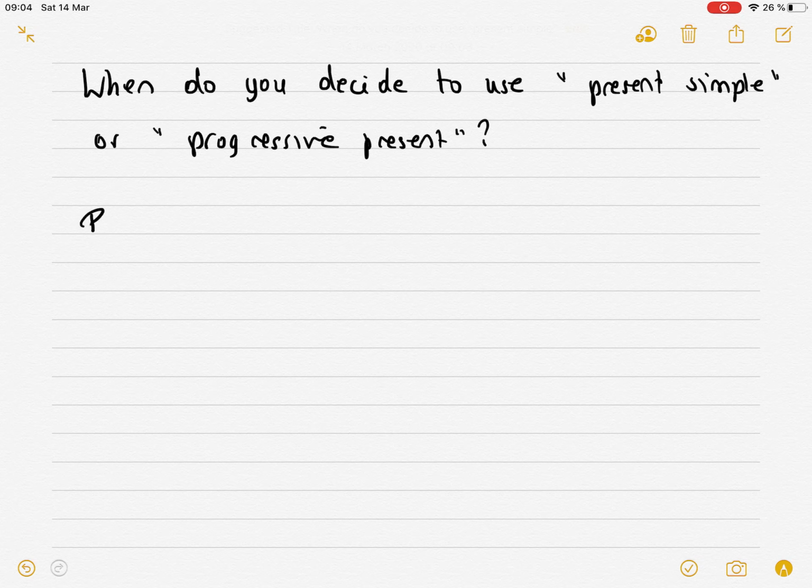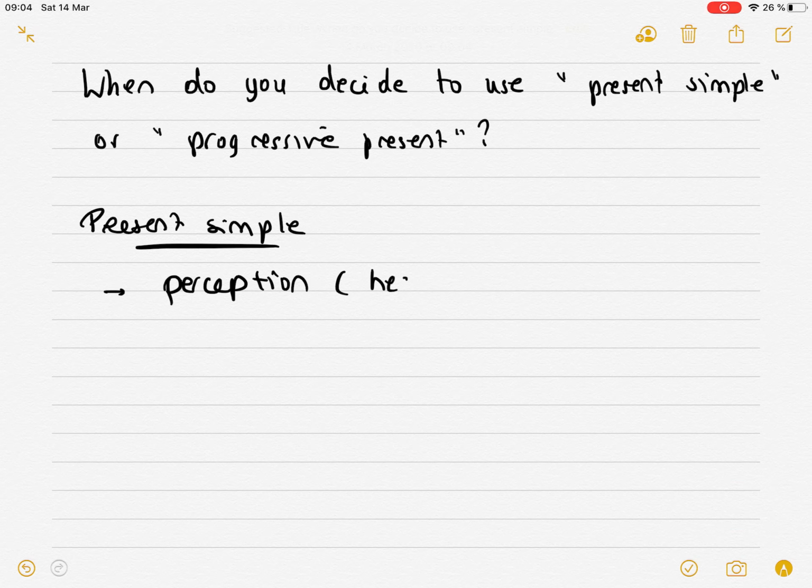Most of the time we would use the present simple when we perceive something involuntarily, when we see something, hear something, when there's a perception that is not something we are particularly looking for, it happens to us. Suddenly you see something. So it's about perception. I'm thinking about verbs such as hear, see, or smell.